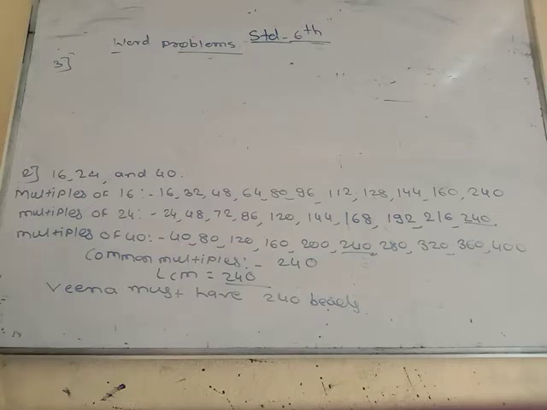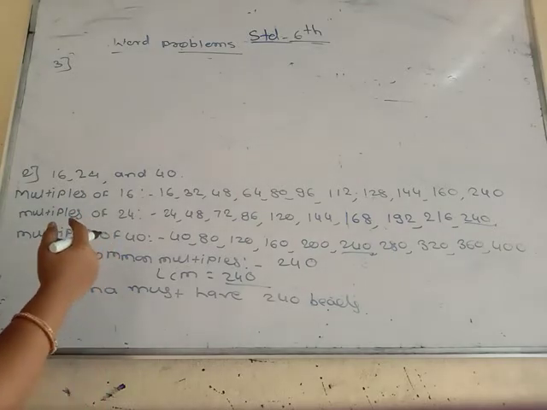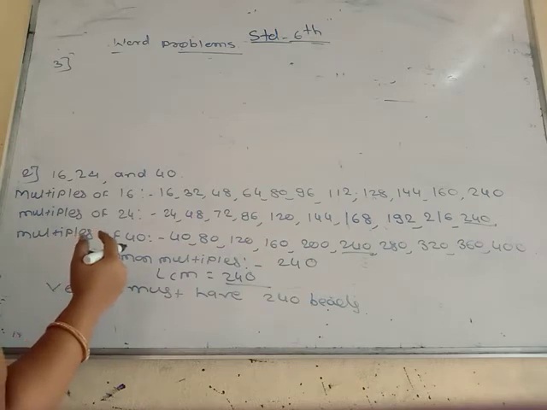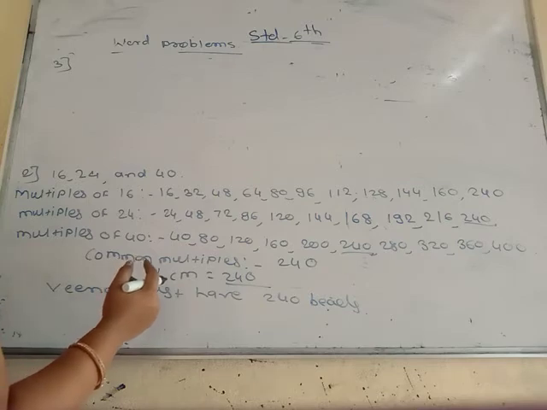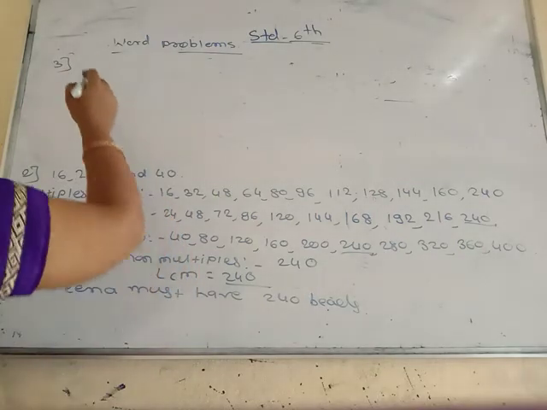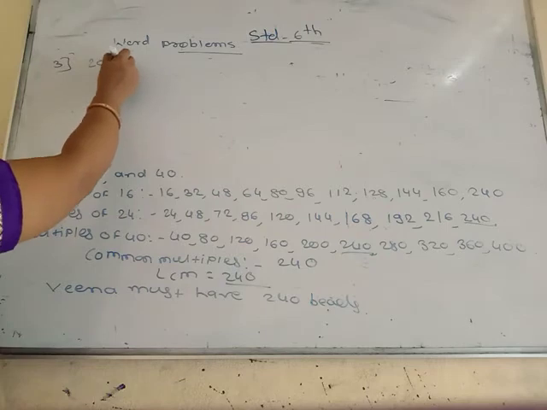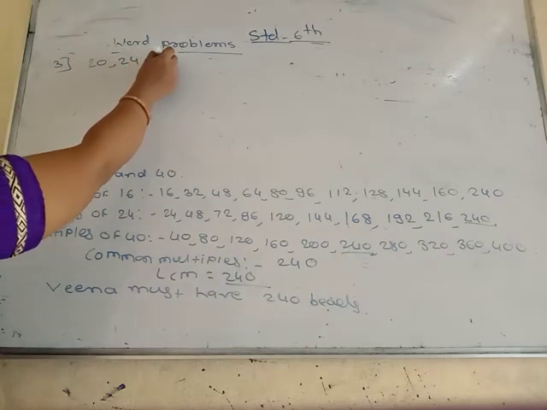In the first box there are 20 children, in the second box 24, and in the third box 12 children. Then to find the minimum number of ladus in each box, first find the LCM of these three numbers 20, 24 and 12.